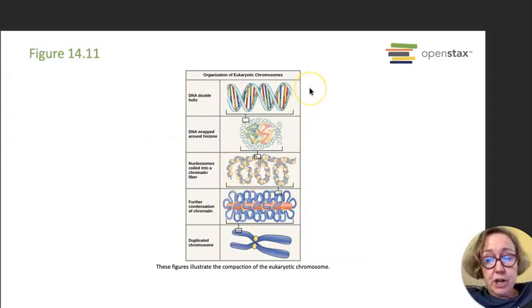So just an overview of what this looks like: you have DNA, and that DNA is wrapped around histones. Those are called nucleosomes. Those nucleosomes are coiled into chromatin fiber, and those chromatin fibers are further condensed until you get it so condensed that that is what you look at in the metaphase chromosome.